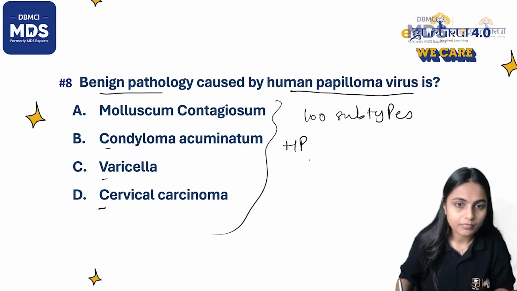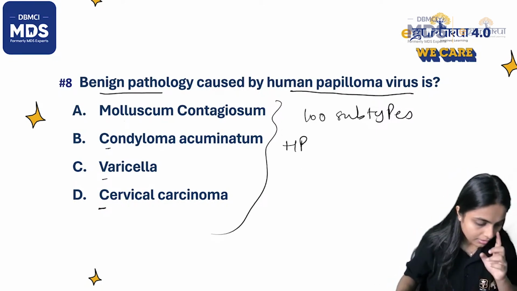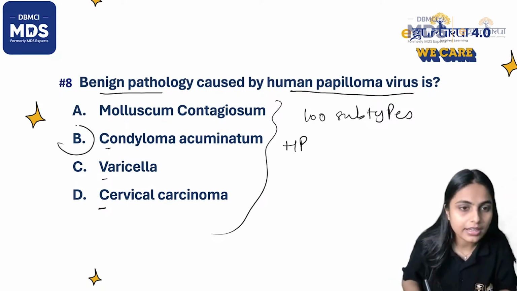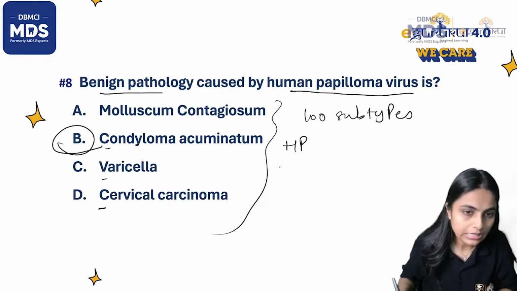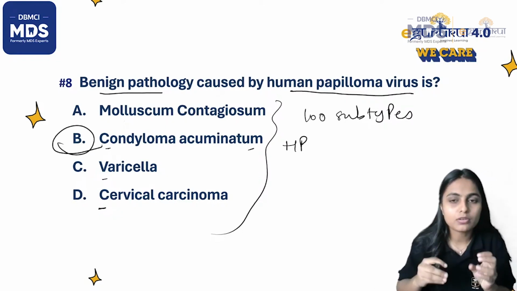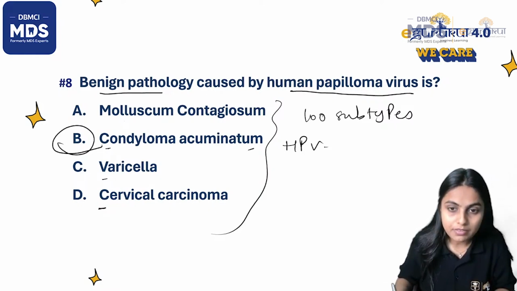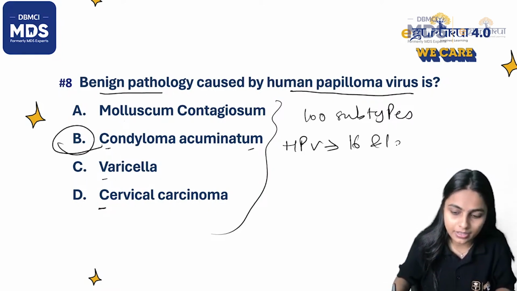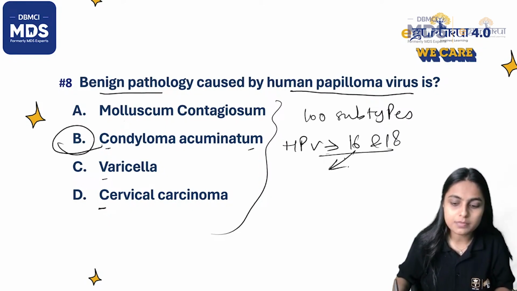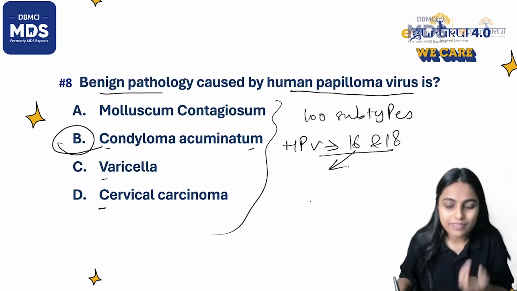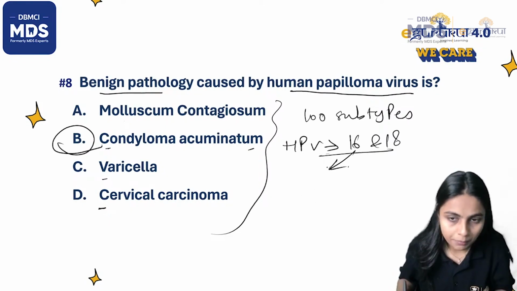Yeah, correct. Option B is the correct answer. Condyloma acuminatum is a benign pathology caused by HPV. The most important types are HPV 16 and 18. They are responsible for oropharyngeal or tonsillar carcinoma.